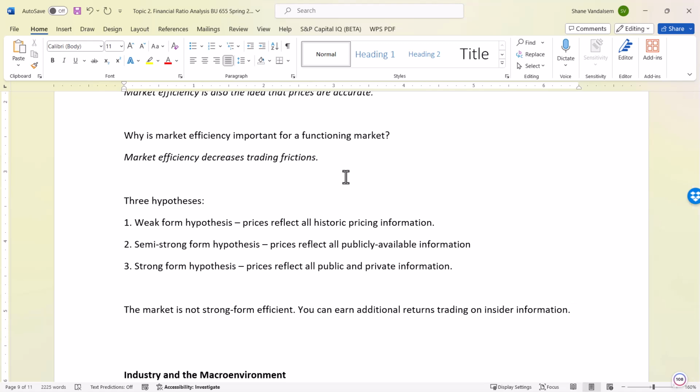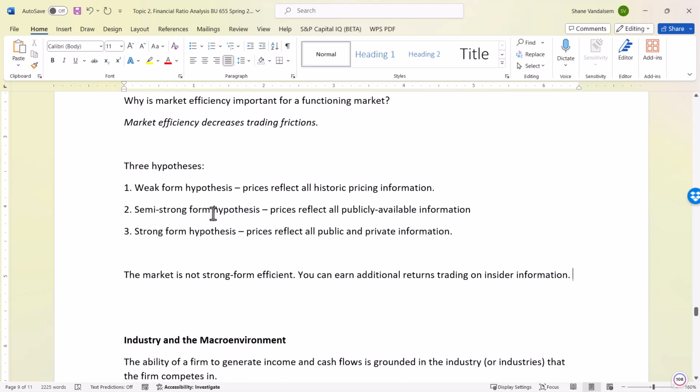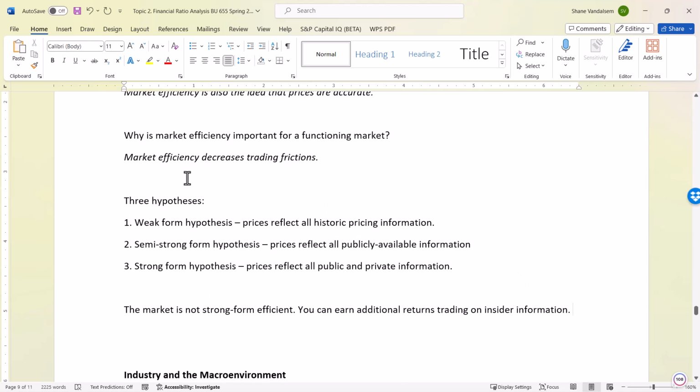That's because, based on that hypothesis, that information is already priced into that stock price or that asset price. So that's just a little bit on market efficiency.